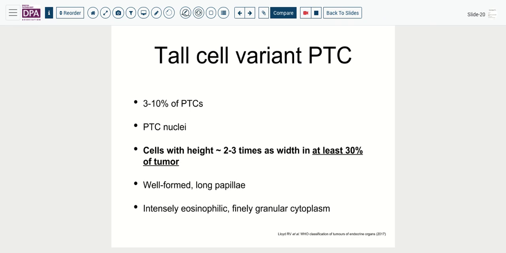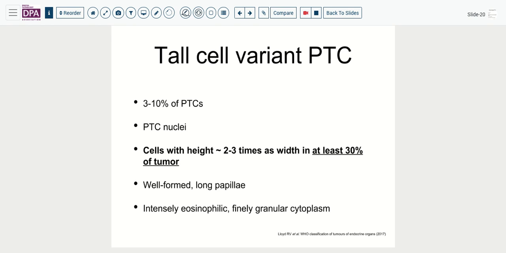So let's talk about one of the aggressive variants, the tall cell variant of papillary thyroid carcinoma. As you see, this is not a common variant of papillary thyroid carcinoma, accounting for only 3 to 10% of these tumors. And the definition is, of course, that you have nuclear features of papillary thyroid carcinoma, and you have cells that are 2 to 3 times as tall as they are wide in at least 30% of the tumor.